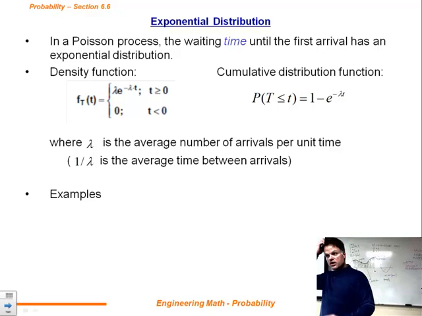So you've got calls coming into the call center, and you start your stopwatch at some point. And you want to ask, what's the probability that the next call is going to come in, say, within the next 2 seconds from now? That gives you a random variable.